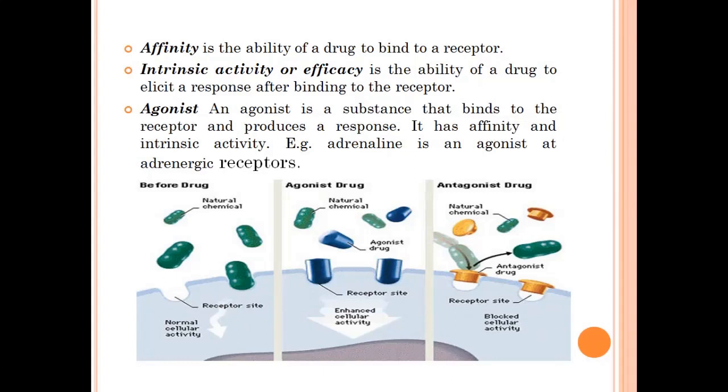There are some natural chemicals which, when binding to the receptor site, give the normal cellular activity. Whereas if an agonist is coming and binding, it will give the enhanced cellular activity. But in case of an antagonist drug, it will block at the receptor site. Thus, it will prevent or block the cellular activity.